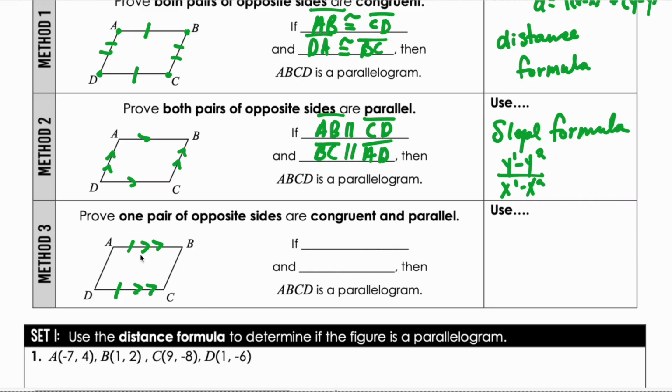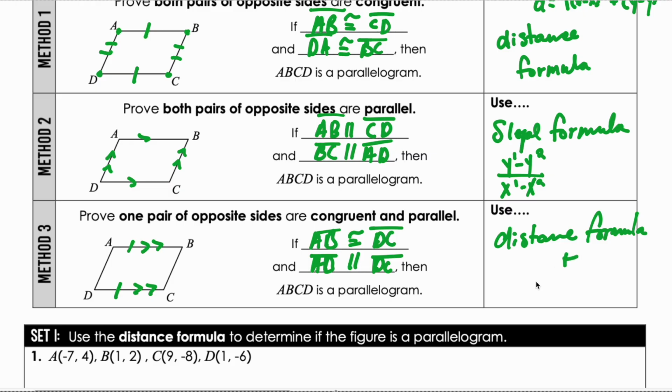You wouldn't have to prove that the other two sides are parallel or congruent. You only have to prove that these two sides are. So if AB is congruent to DC and AB is parallel to DC, then we have a parallelogram on our hands, and we would have to use both the distance formula and slope.